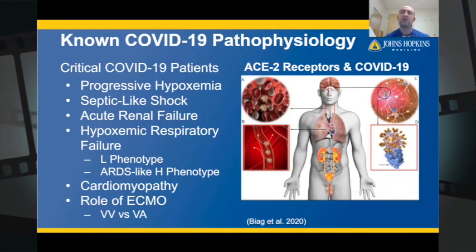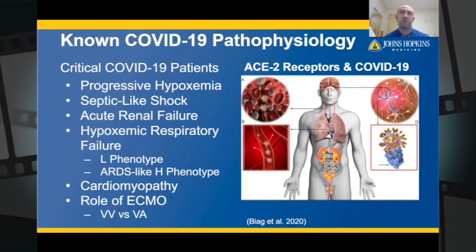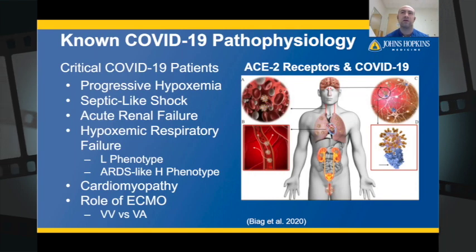And the type H, which is characterized by high elastance, high right-to-left shunt, high lung weight, and high recruitability. It is unknown if the natural progression of disease leads from the first to the second phenotype, or if self-inflicted lung injury, superinfections, and iatrogenesis of ventilator-induced lung injury are the culprit.